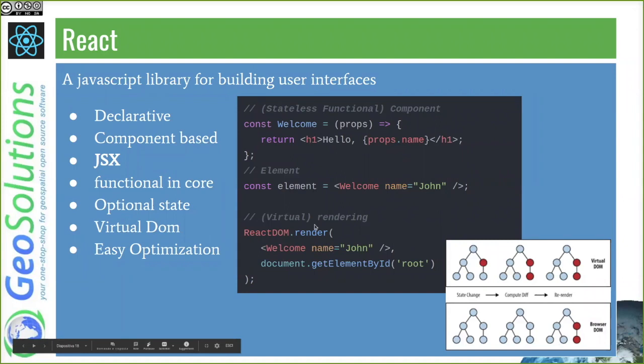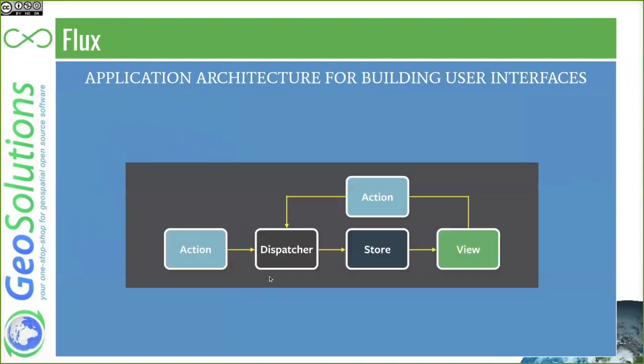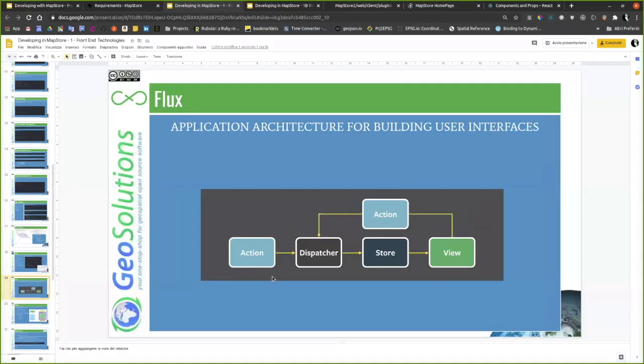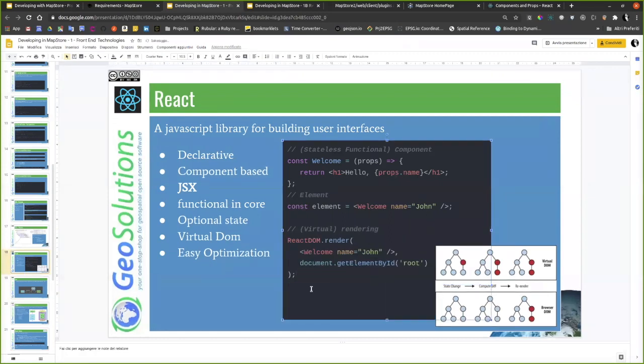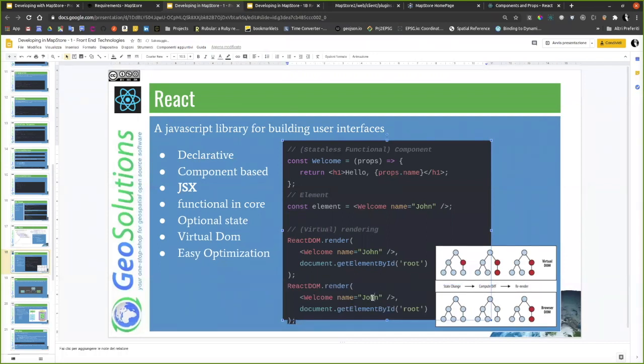For instance, here, if I do another render, changing the name John to Paul.